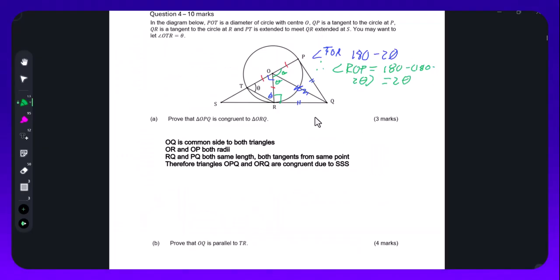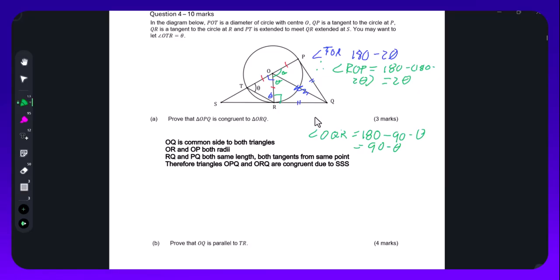Therefore we know, as a result of that, that angle ORQ will be 90 degrees. Now if that one's 90, and this is theta, and we have to end up being 180, that means that angle OQR is going to be equal to 180 take 90 take theta, which is going to be 90 take theta, because obviously 180 take 90 equals 90.